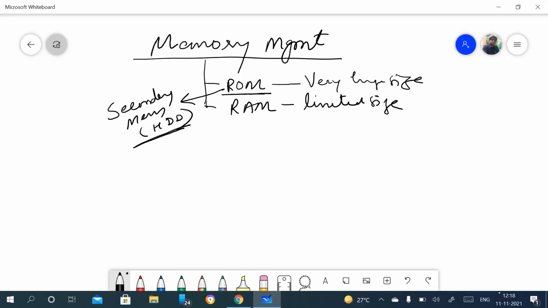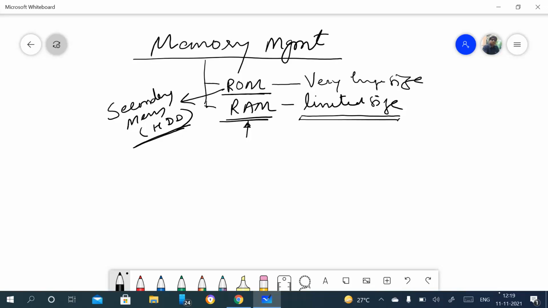So there is not that much necessity to manage it. But the primary memory, the RAM, has limited size, and it is most useful for execution of any process or program.